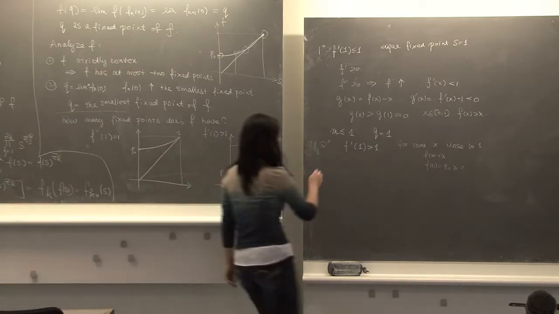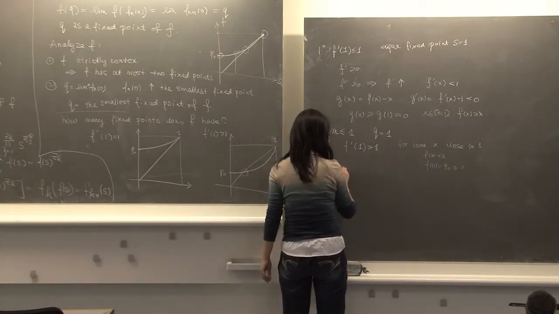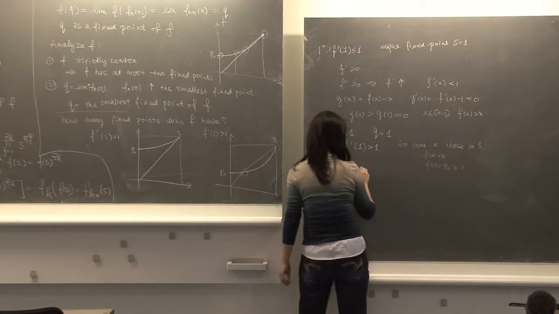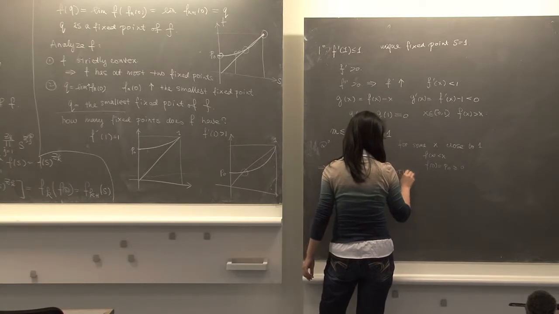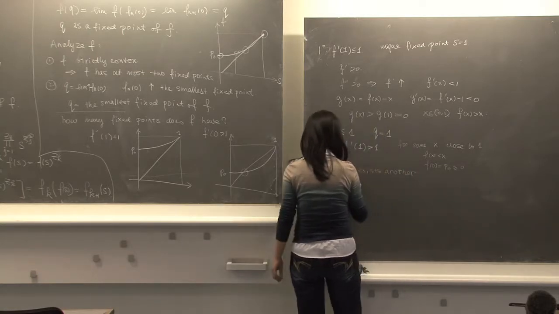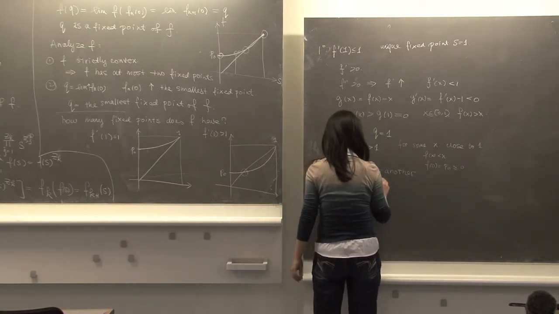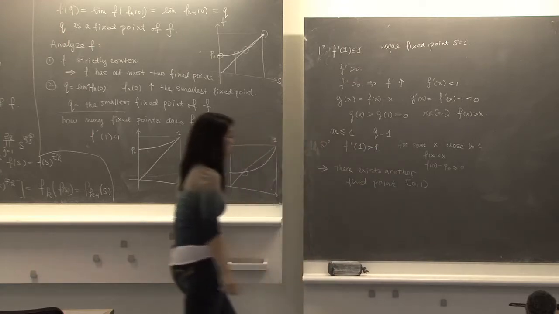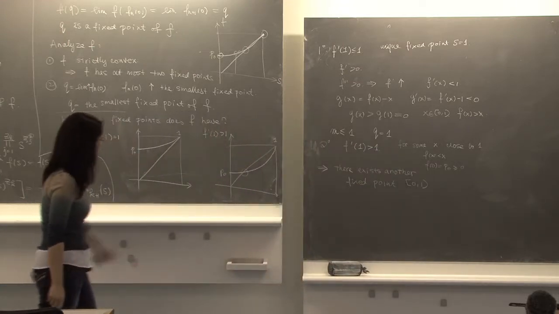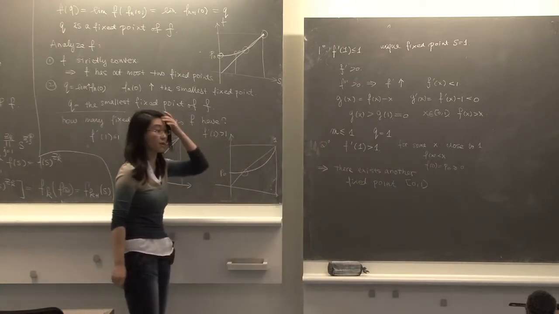So this tells us there exists another fixed point that is strictly less than 1. It is possible that this fixed point is at 0.